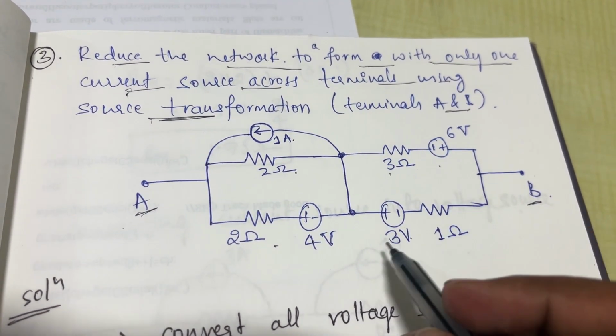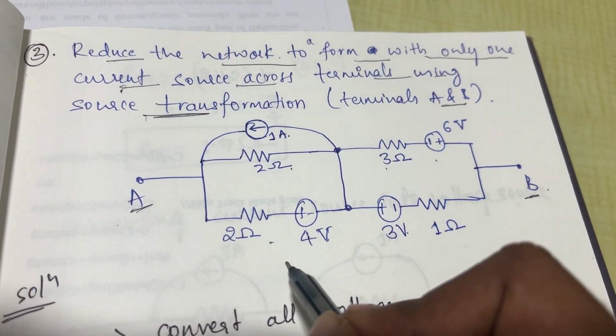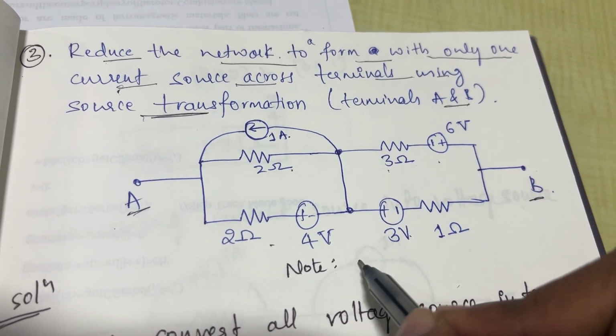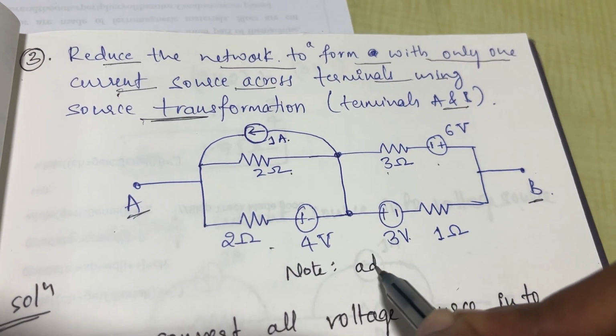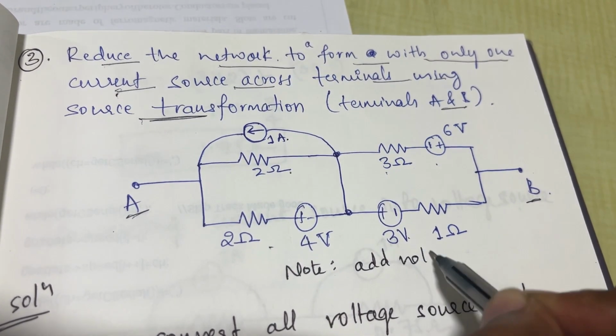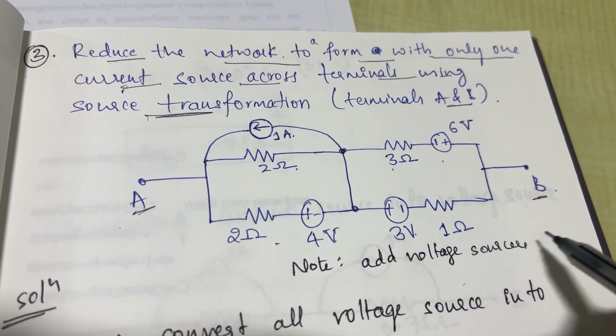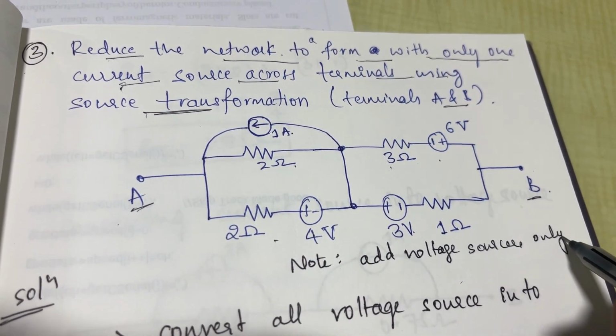in this circuit. Before solving the problem, keep in your mind that if the voltage sources are connected in parallel you cannot add them, because voltage across a parallel combination is the same, so you can add the voltage sources only if they are connected in series.